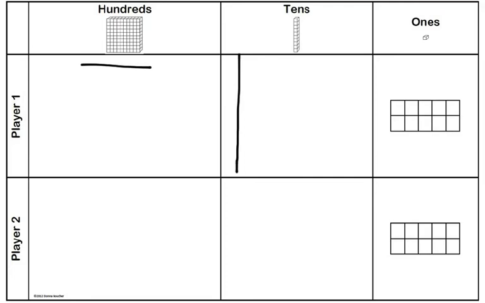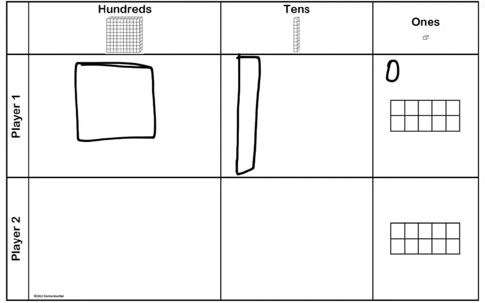For these purposes, we're going to represent them a little differently. The hundreds base 10 blocks will represent one whole, and the tens will represent the tenths place, and the ones will represent the hundredths place. So think of it as a decimal being here.